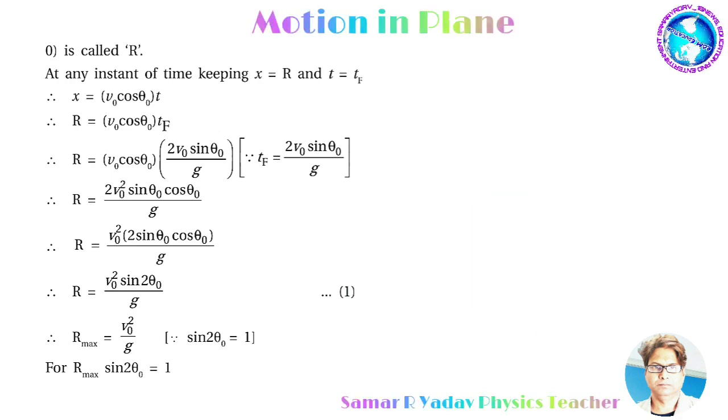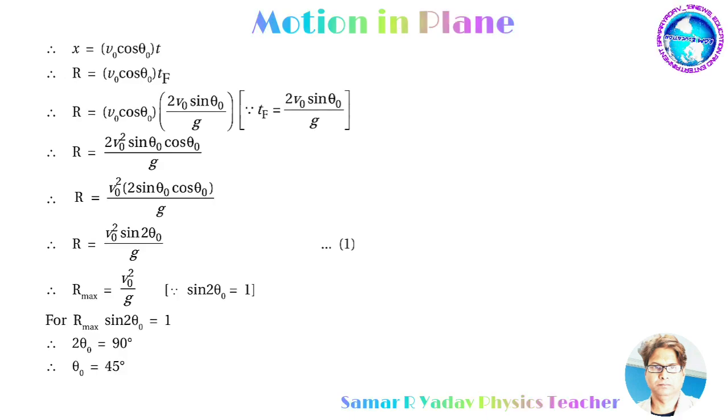Therefore R = (v0 cos θ0)(2 v0 sin θ0 / g), since Tf = 2 v0 sin θ0 / g. Therefore R = 2 v0² sin θ0 cos θ0 / g. Therefore R = v0² (2 sin θ0 cos θ0) / g. Therefore R = v0² sin 2θ0 / g.